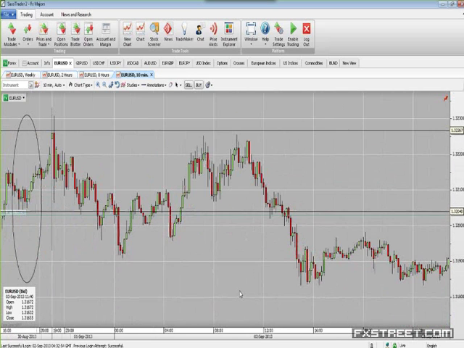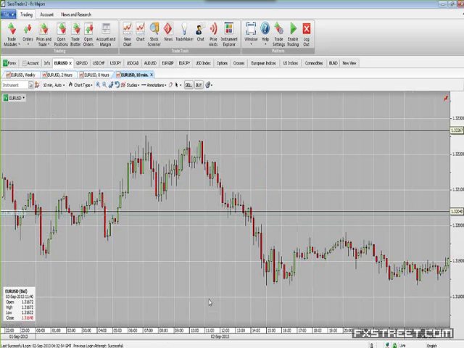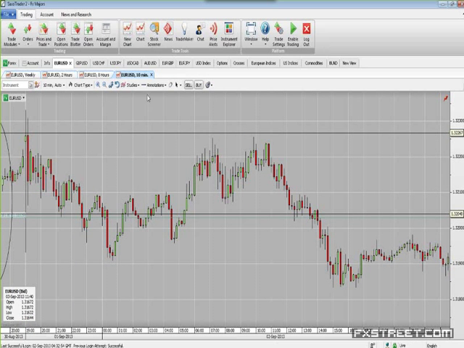Basically what I look to do for a stop is I take the bearish outside bar. I take the length of that bearish outside bar and then add the length to that bar. So for argument's sake, say this is the bearish outside bar.